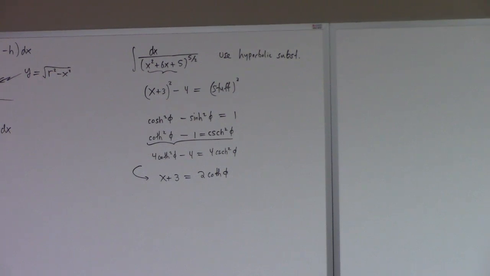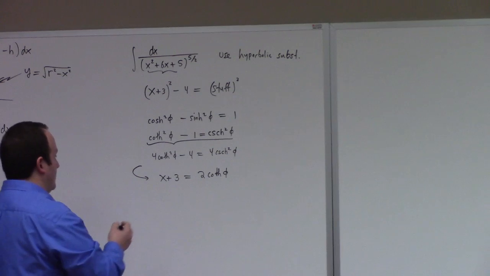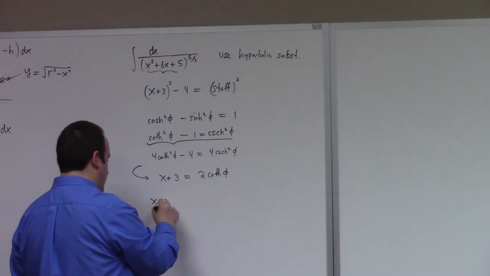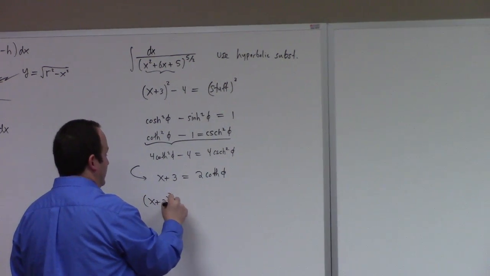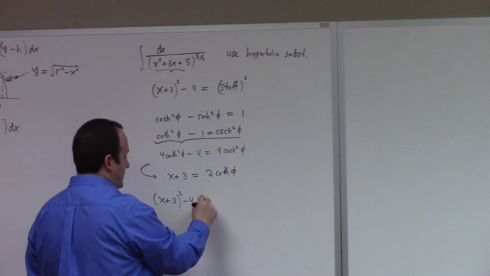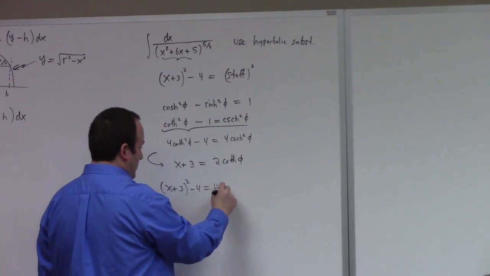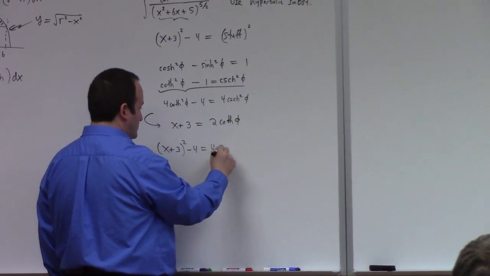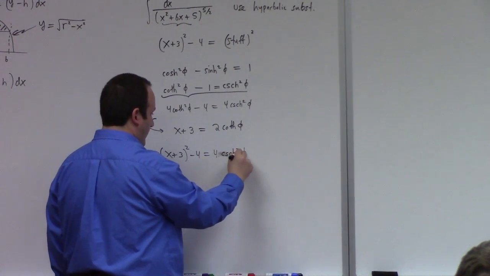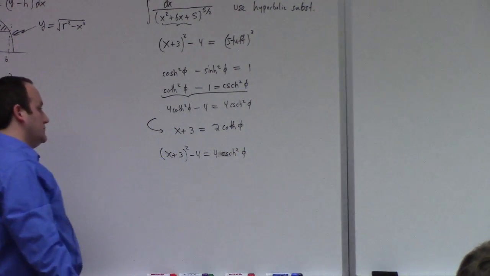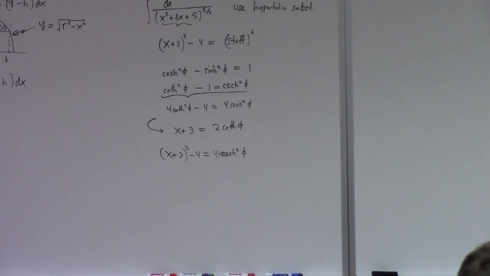Because that will make the thing inside the radical become what? That will make x plus 3 squared minus 4 equal to... What would the dx be?